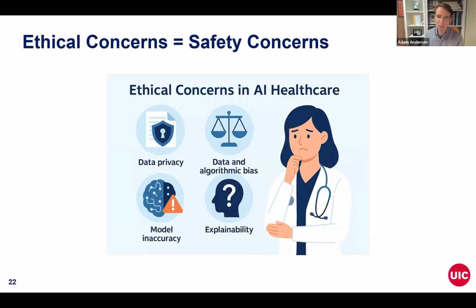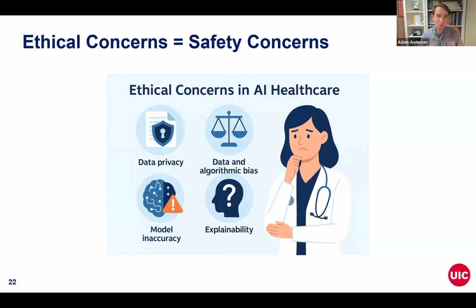And that can put a physician or healthcare professional in a difficult spot, because if the patient asks them how does this work, the doctor may not have a great answer, and that may not instill a lot of confidence in the patient. But the doctor themselves may also be reluctant to put all of their confidence into a model that they don't know how it works. So that's another reason why literacy is important, and understanding the limitations and benefits of these models.